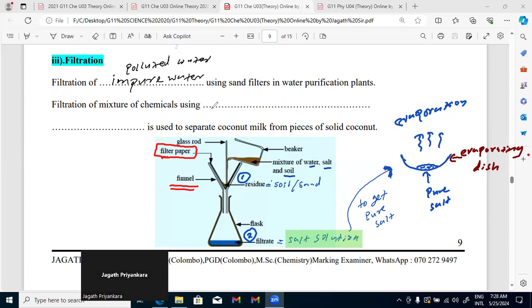Then filtration of a mixture of chemicals using what? Filter paper. That's what we are doing here.